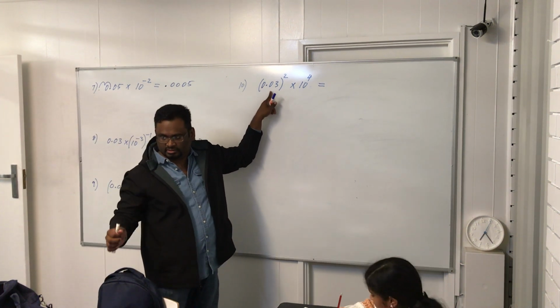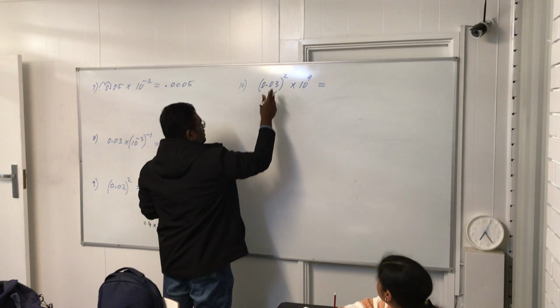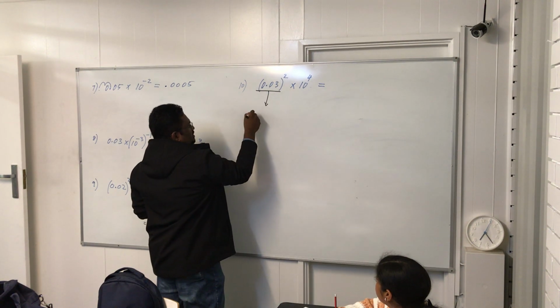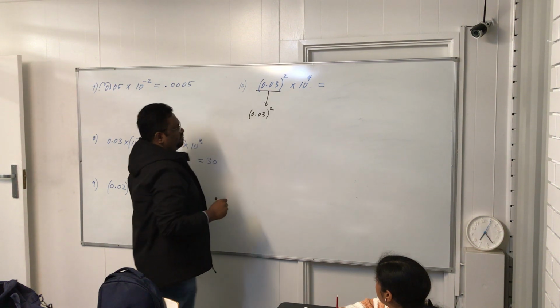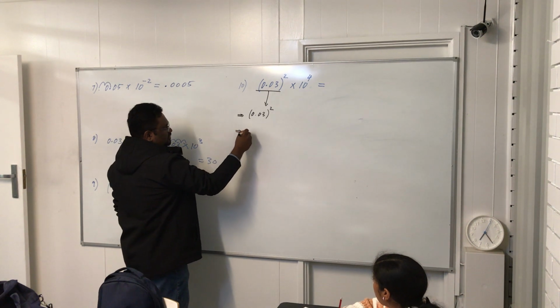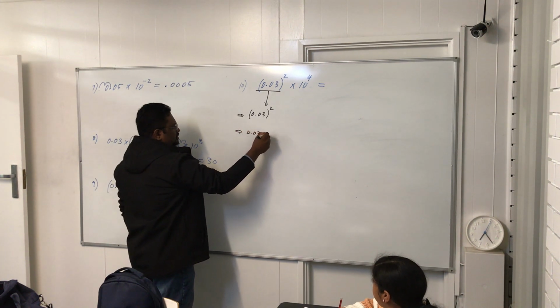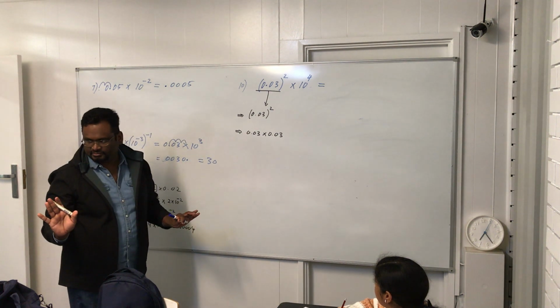Just this guy, okay? 0.03 squared. That means 0.03 times 0.03. Basic.